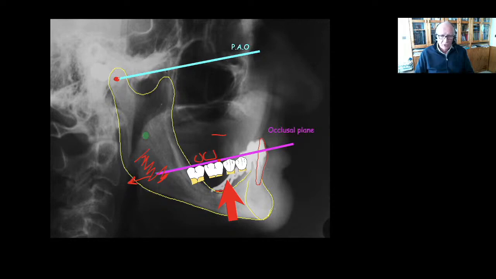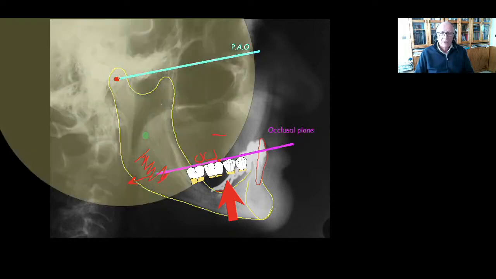It is like for the incisors, turning around in the cycle of the closing movement, and the direction of the force follows the blue lines, at right angles to the condylar line.